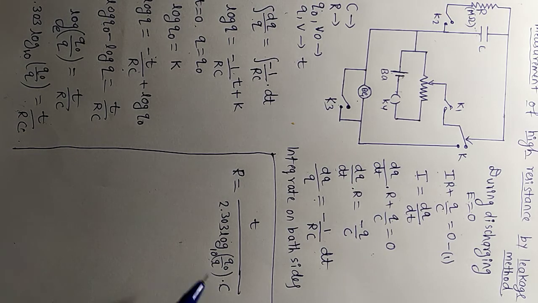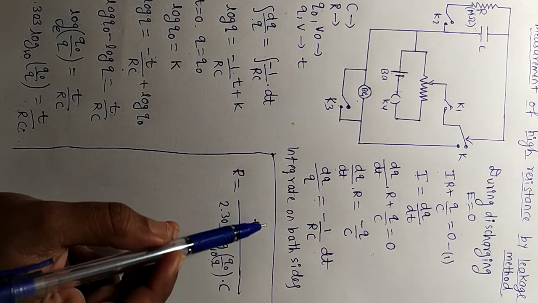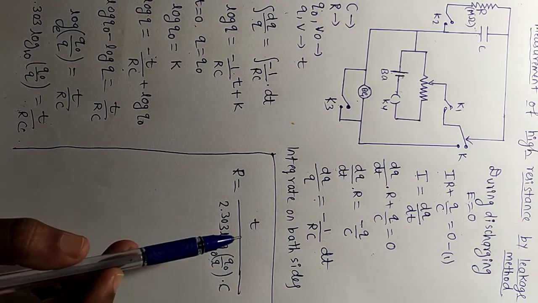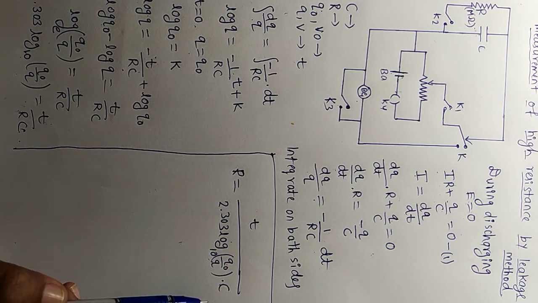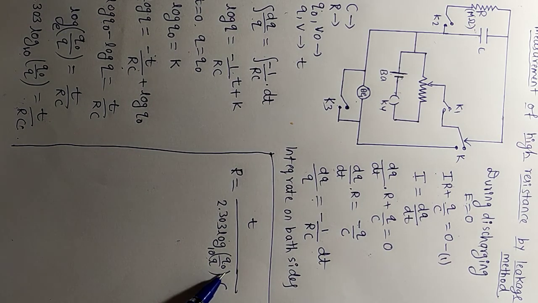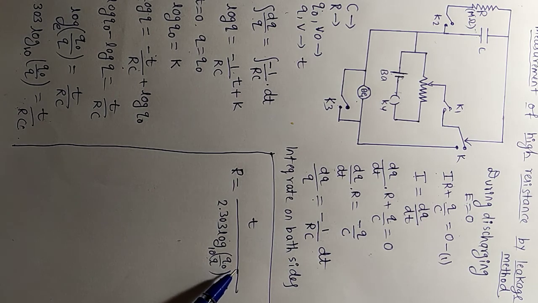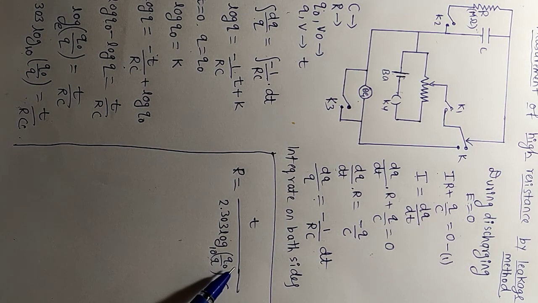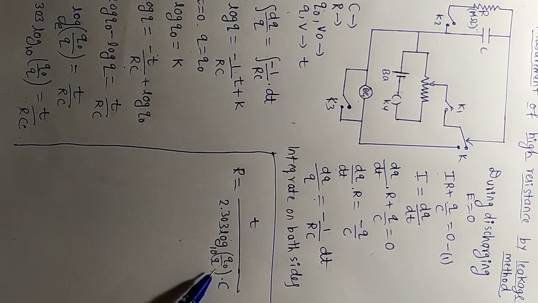Now we will use this equation only when we know all these values. So what are the values? First, t you should know, the capacity C of the capacitor you should know, and the Q0 and Q values we should know, meaning the number of charges in the capacitor when maximum charge is there, and at time t seconds what the charge in the capacitor is.